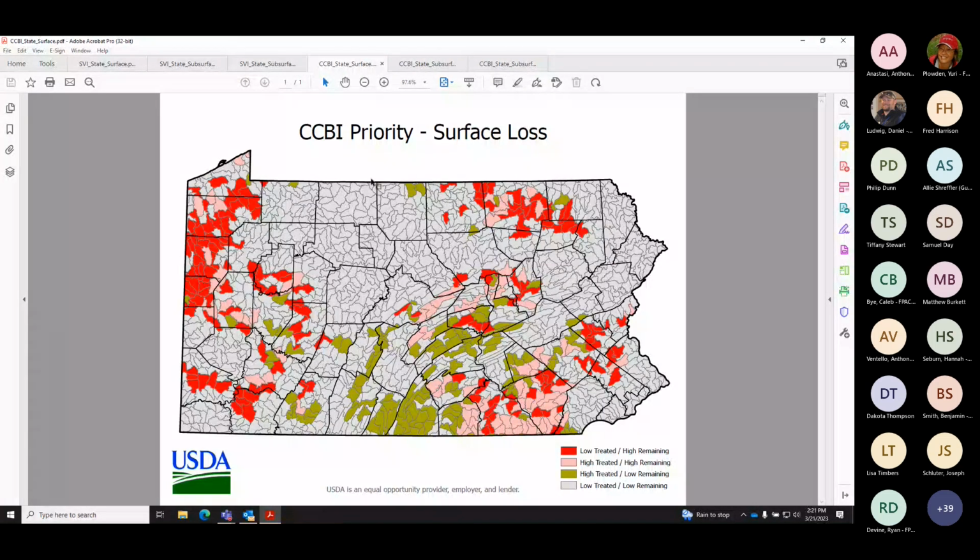Like a lot of these gray areas, it's not necessarily that they're perfect, just that a lot of them don't have much cropland. And so there was not a lot of crop acres that we would want to treat with these practices, which is all this map is meant for.